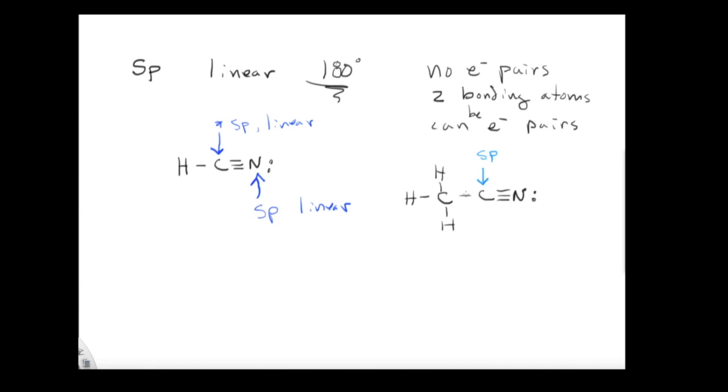Because you have one bonding unit here, and then you literally have one bonding unit over here. So this is sp hybridized, it's linear around that carbon. All right, the nitrogen is also sp hybridized because we have an unshared pair here, which counts as a bonding unit. We have the triple bond, which counts as a bonding unit. So this is sp, it's also linear.